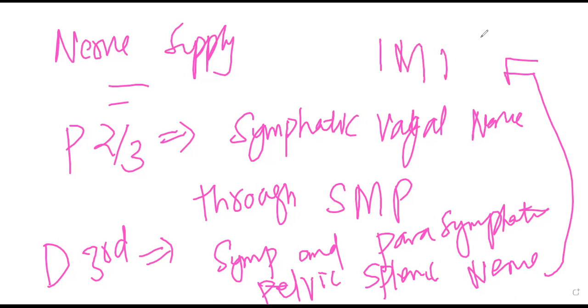So you should know the arterial supply, the venous supply, the lymph drainage, and the nerve supply of the transverse colon. Okay.